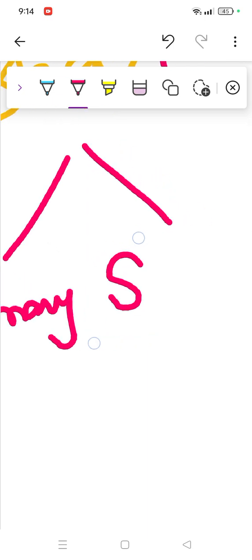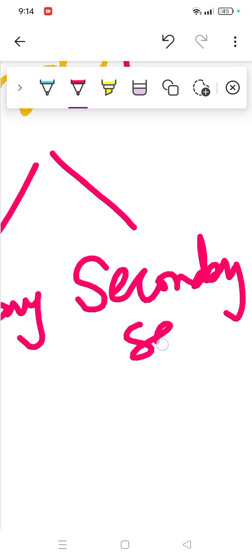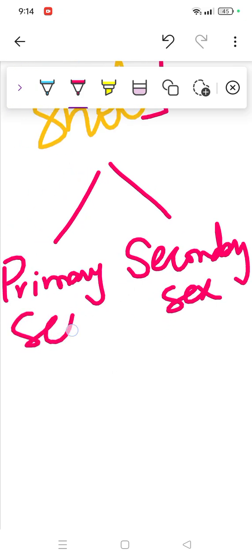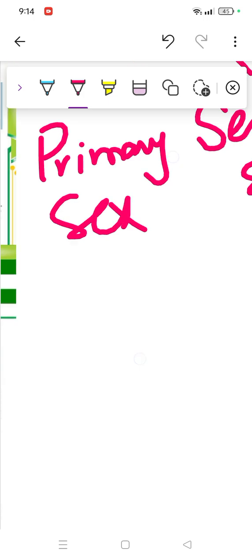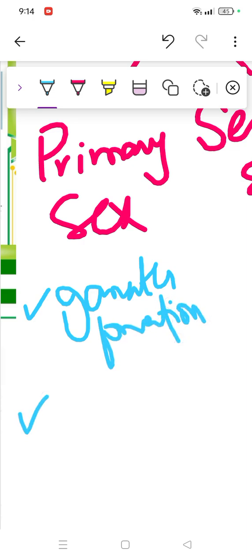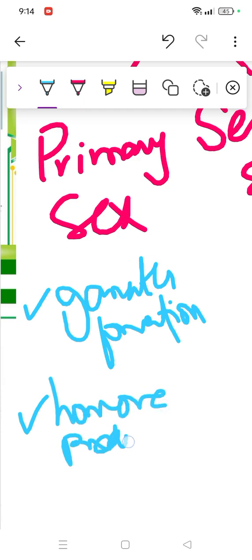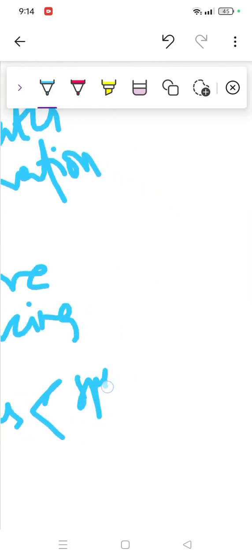In the primary sex organs, you will see gamete formation and hormone production, and you'll also see the testes, sperm, and these hormones.